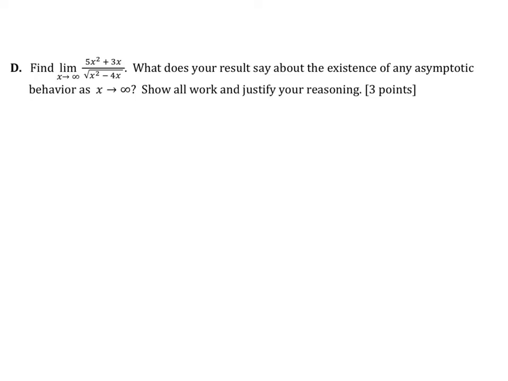And finally, this last problem here, again, it's very similar to our previous one. We see that x is approaching infinity, so we need to talk about any asymptotic behavior. And that's really here, if x is approaching infinity, that's going to be our horizontal asymptote every time, if there's one there.